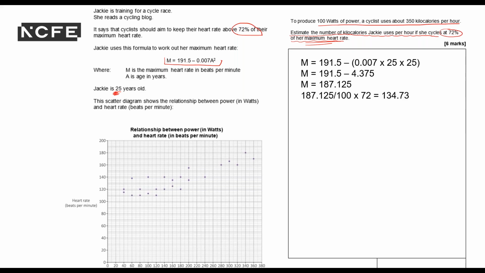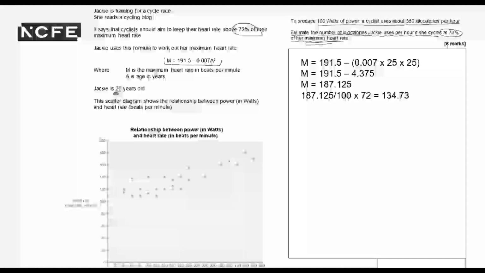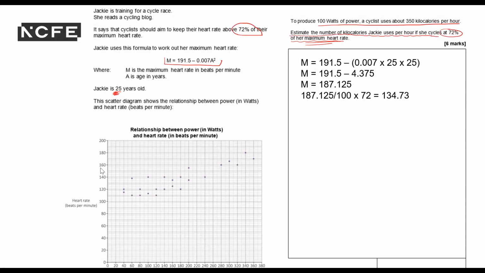Right, okay, now that's when my graph comes in. So the heart rate is 134.73, so that's nearly 135. So my graph will go up in even intervals. So if I've got 120, that means that's 130. Now we've got 140.